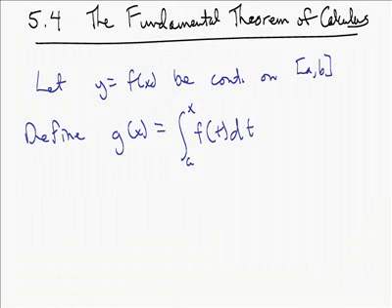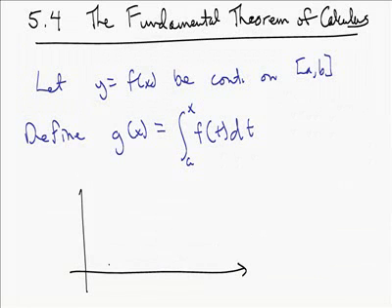Now, as you saw in your reading for this section, what that means essentially is if we've got points here a and b, and here's our continuous function y equals f of x defined on that interval from a to b and continuous. Well, what g of x is going to do, if you take some value x right here for some x between a and b, what does that mean?